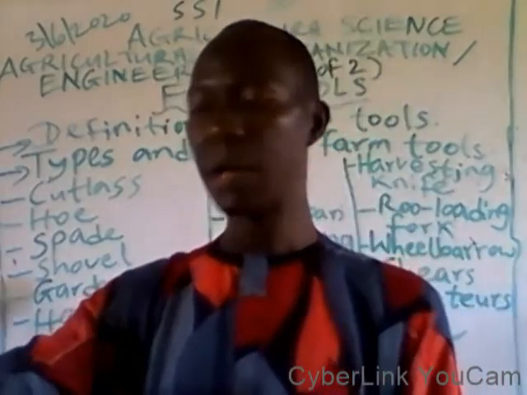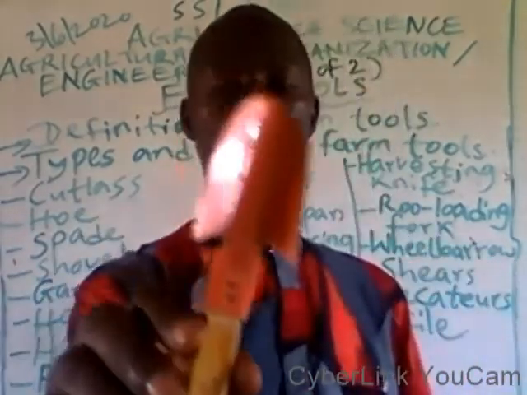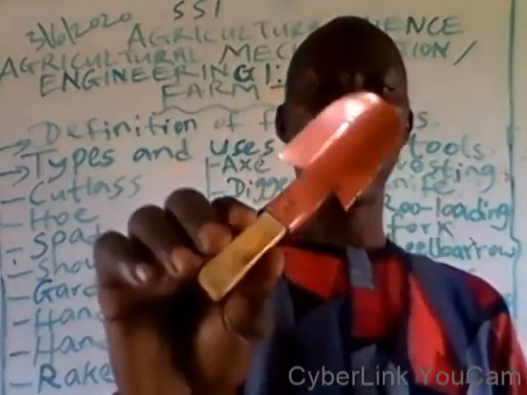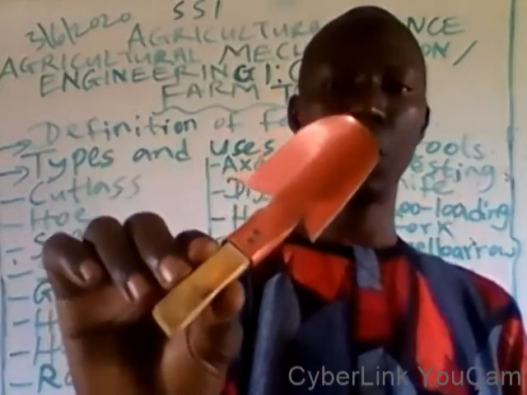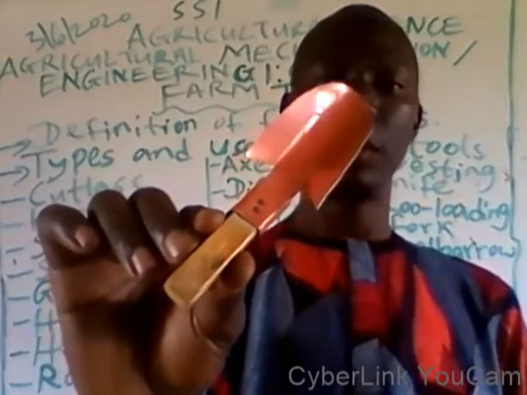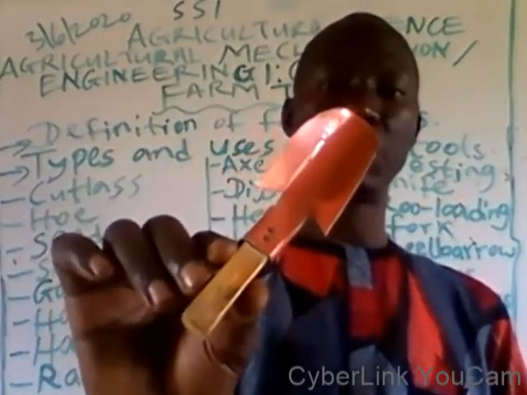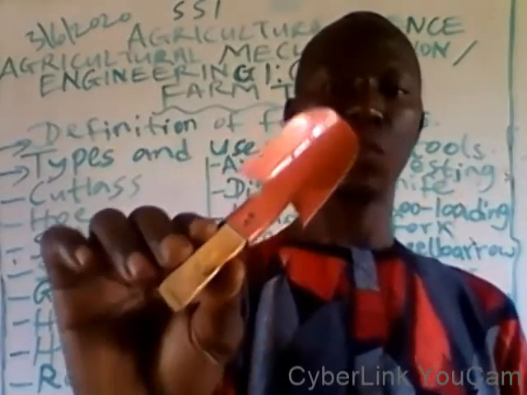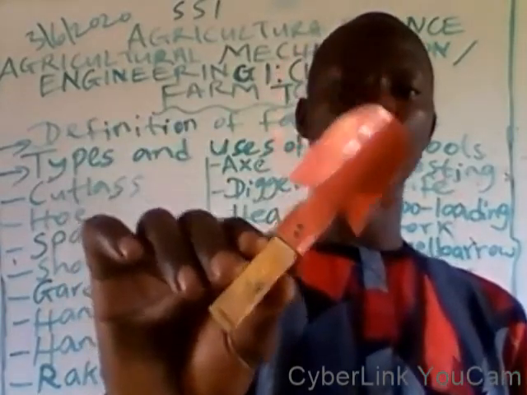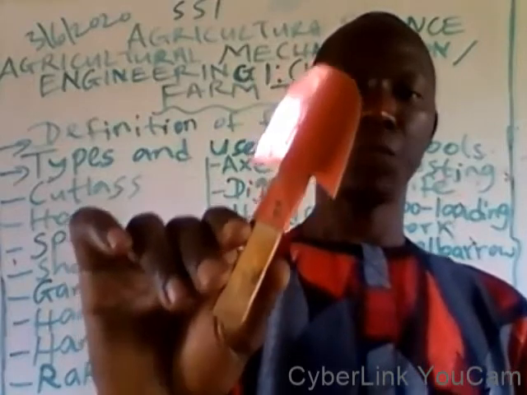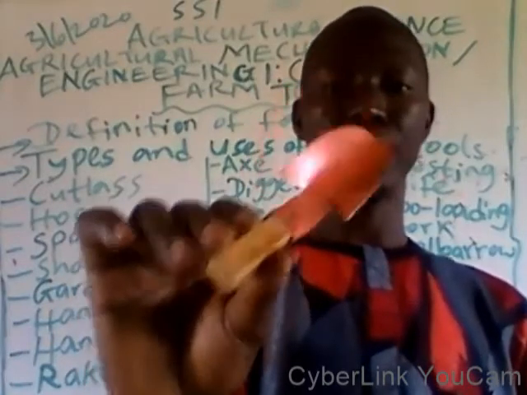We have another type of farm tool called a hand trowel. The hand trowel is used for transplanting of seedlings and also for lifting seedlings from one place to another. You can also use it to do light weeding as well.